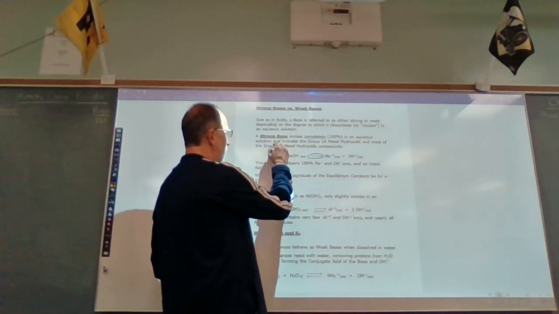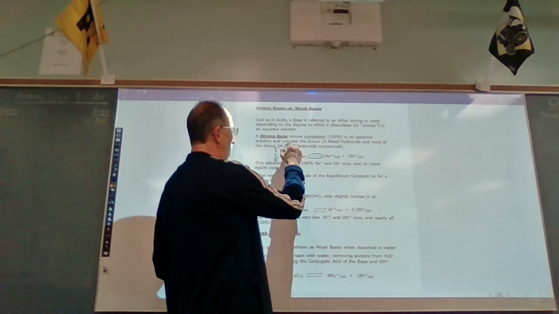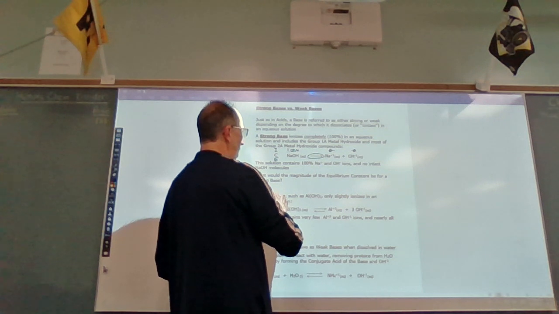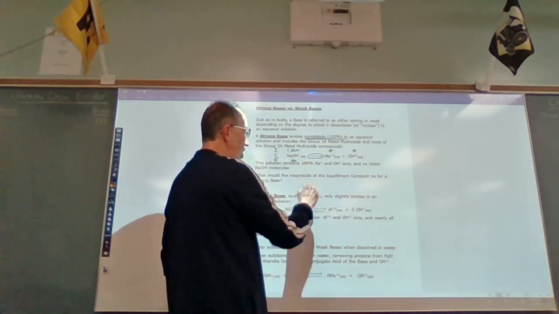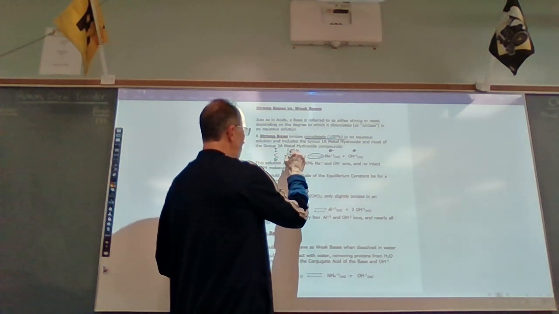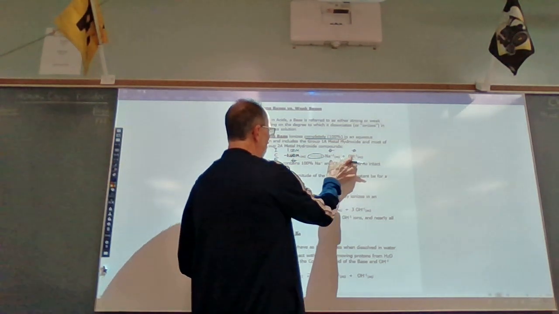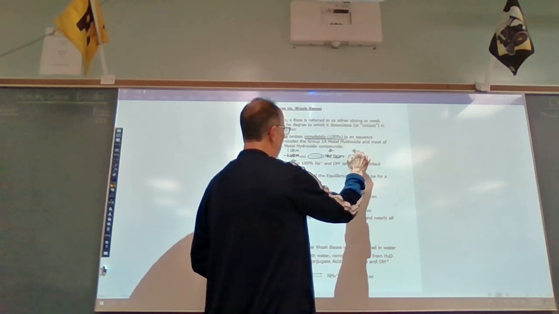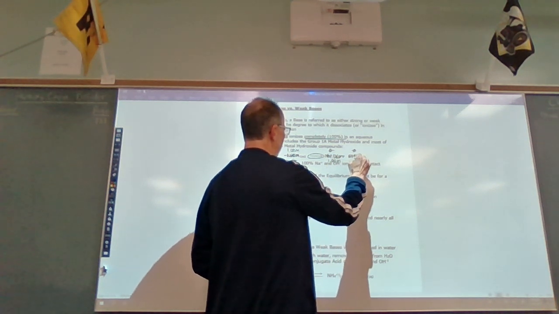So again, if we just threw in a very quick ICE chart here, and we started with 1 molar sodium hydroxide and no ions, if it ionizes 100%, then there'd be no sodium hydroxide molecules left over, which means a change of minus 1.00 molar. With the 1-to-1-to-1 ratio, these would increase by that same value, and at equilibrium, these would be 1.00 molar.